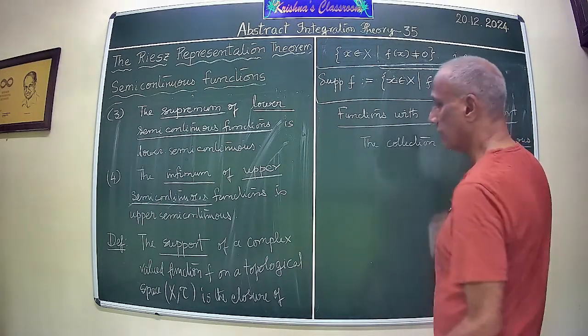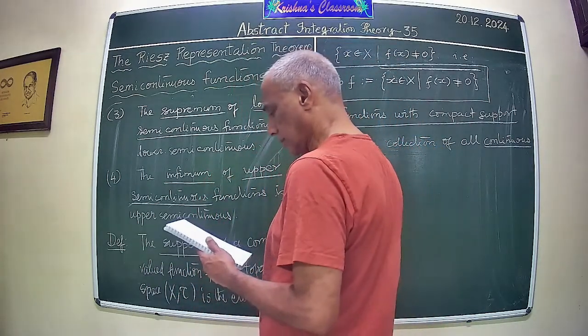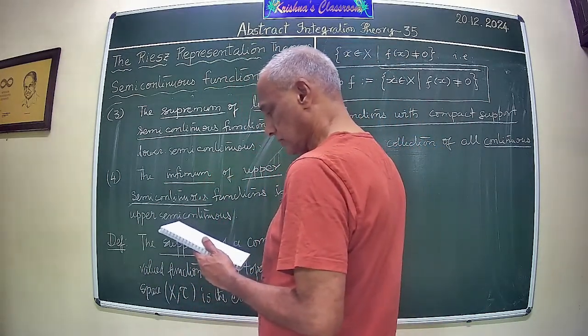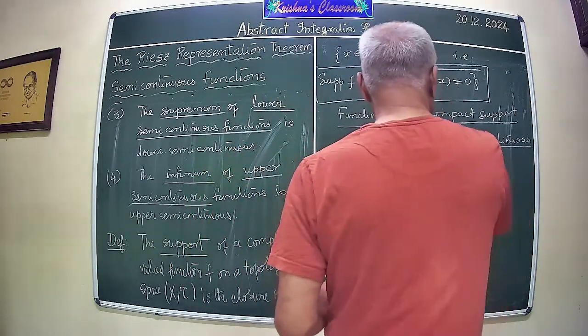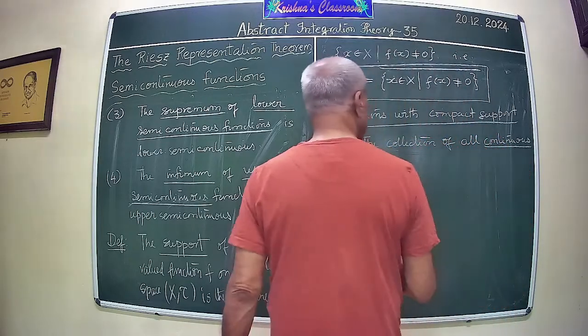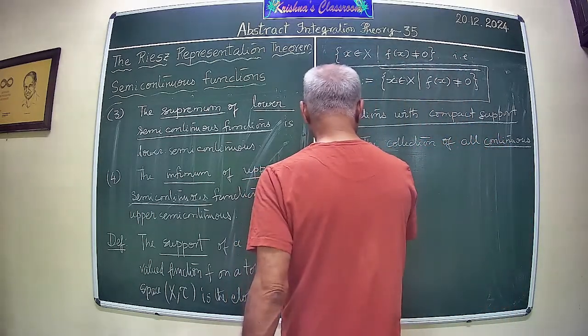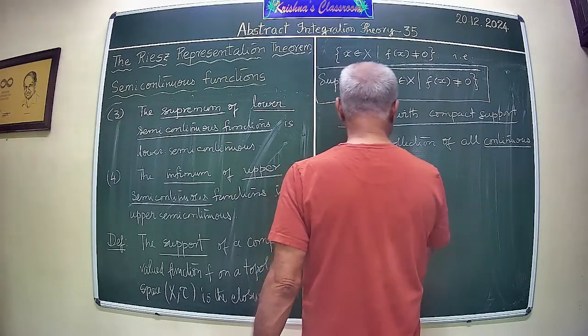Here, remember in our definition, we are taking f to be continuous. The collection of all continuous functions with compact support.